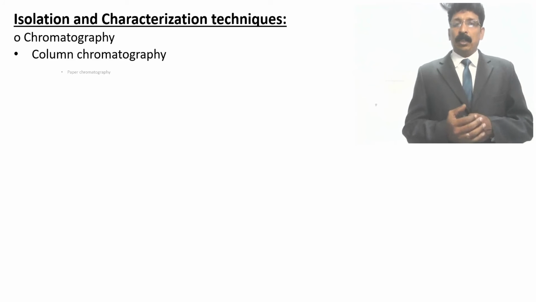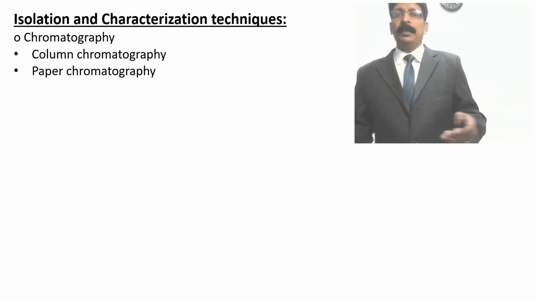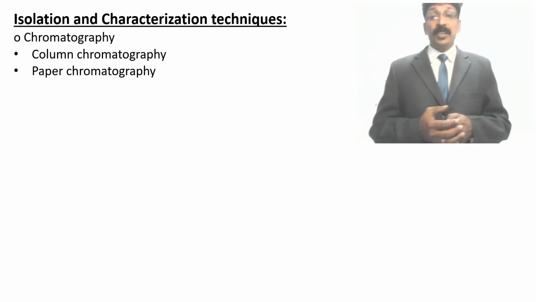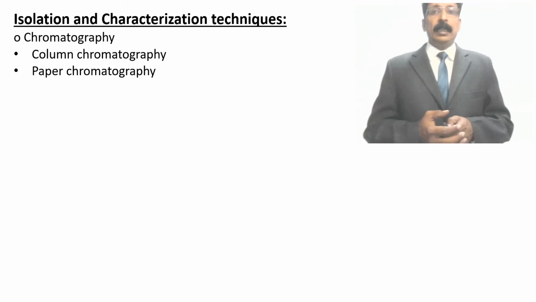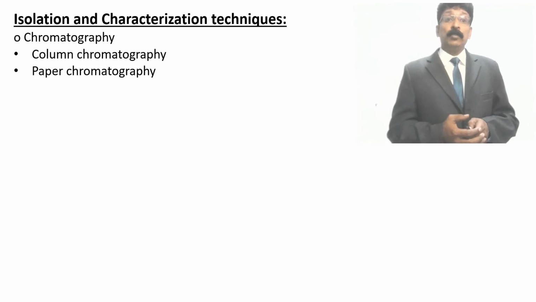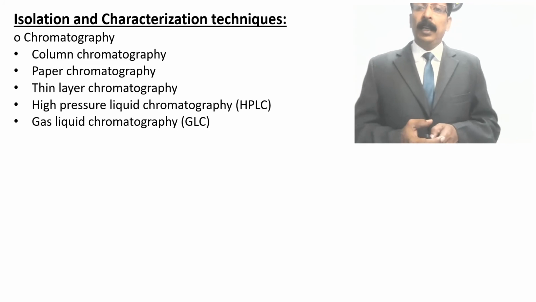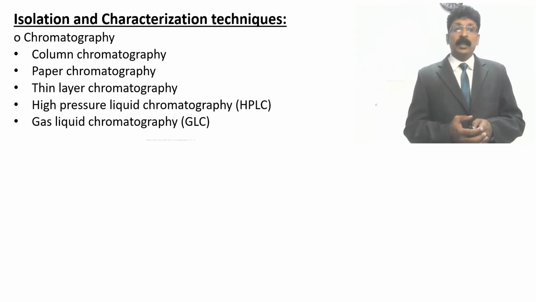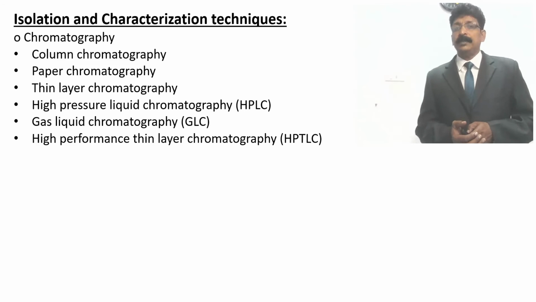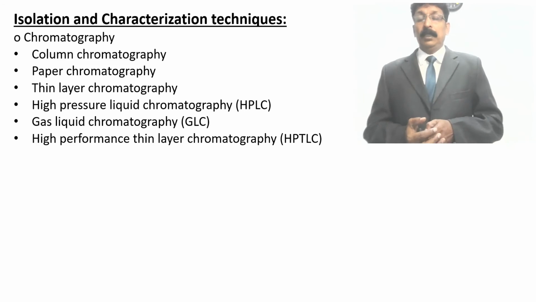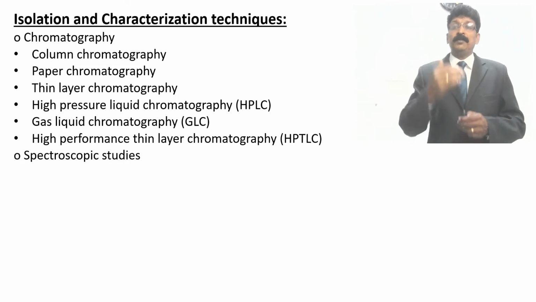In column chromatography, we will discuss how the packing is done and its applications, and how you isolate compounds from herbs. Then paper chromatography, thin layer chromatography, high performance liquid chromatography, gas liquid chromatography, and high performance thin layer chromatography, HPTLC, which has more application in pharmaceutical industries. There are many other chromatographies, but we are going to concentrate on these.